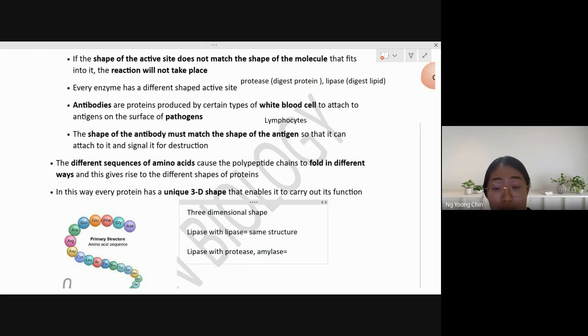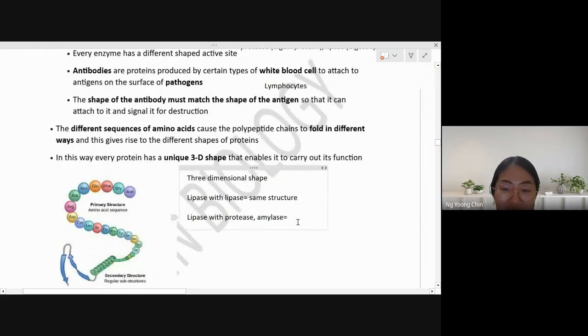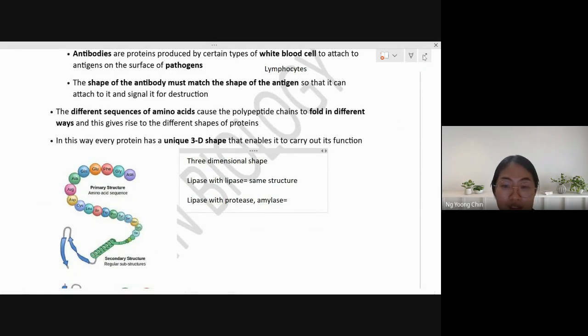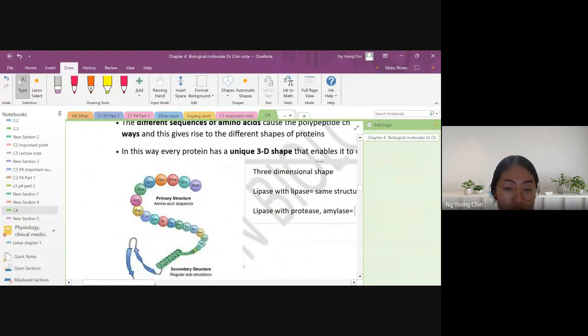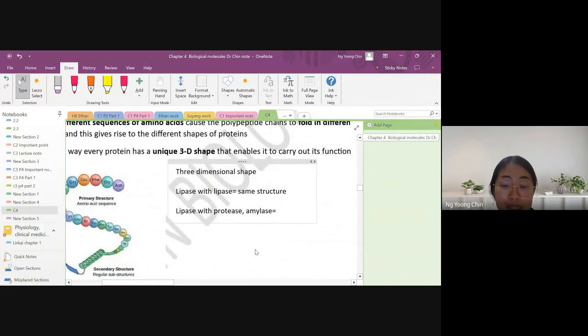Lipase with protease and amylase, do you think they have the same structure? I'm waiting for your answer. Do you think the lipase, protease, and amylase have the same shape or not?